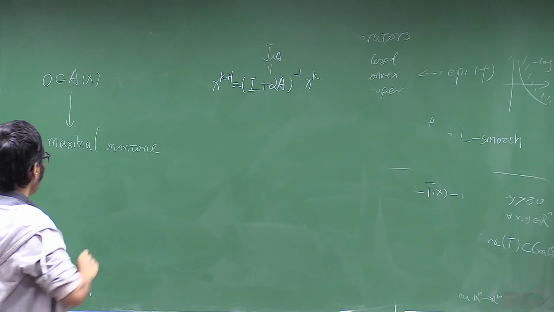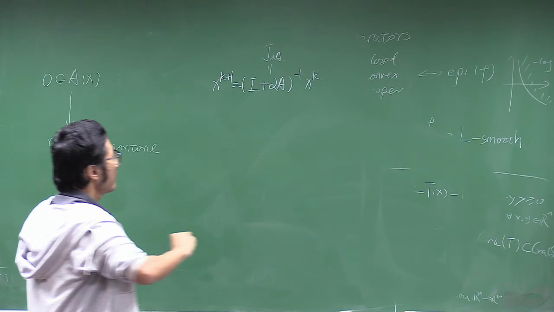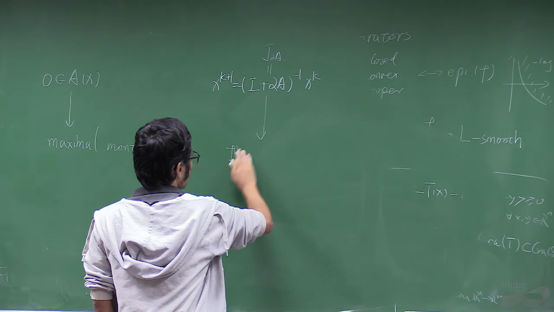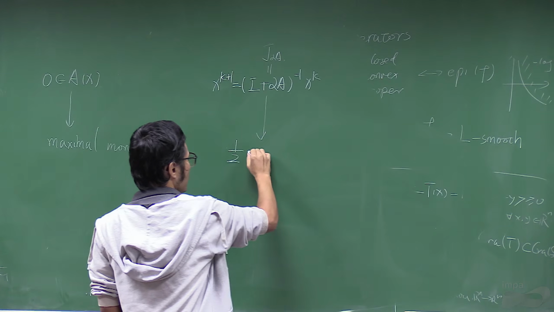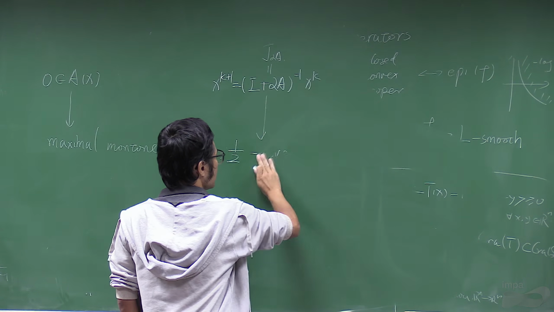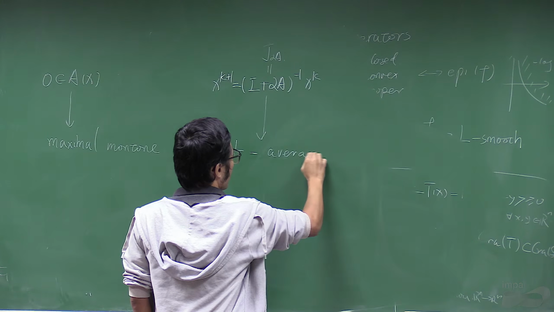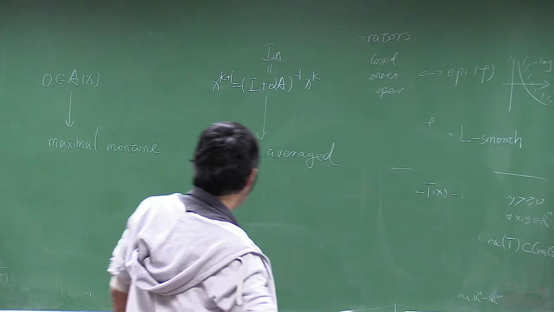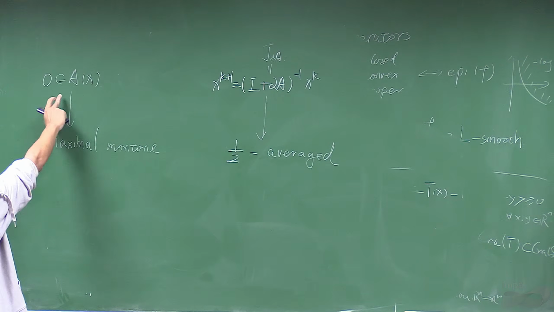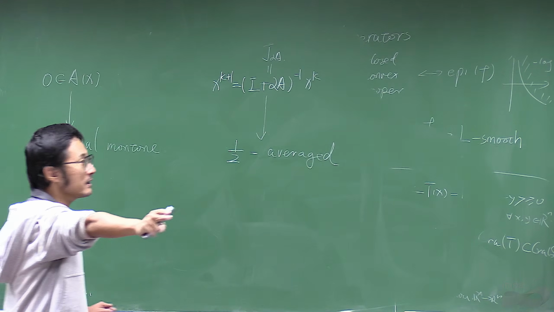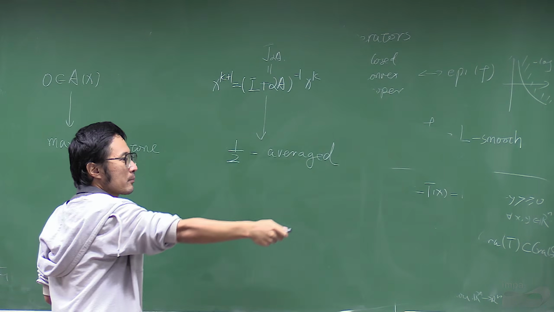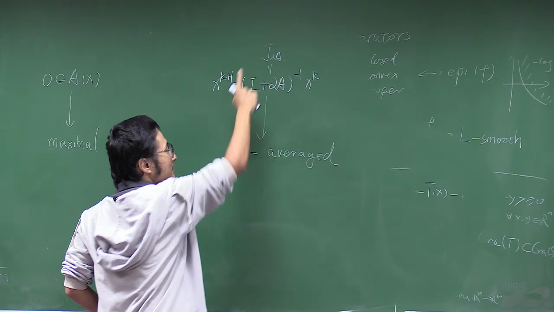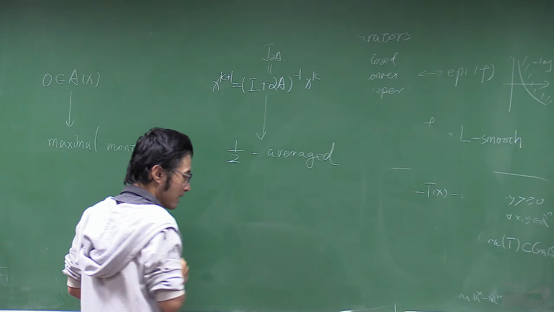If A here is maximal monotone, then this operator is 1/2 averaged. So as long as you have a maximal monotone inclusion problem, you will have a corresponding iteration, called the proximal point method, and the operator is the resolvent, and it's 1/2 averaged.